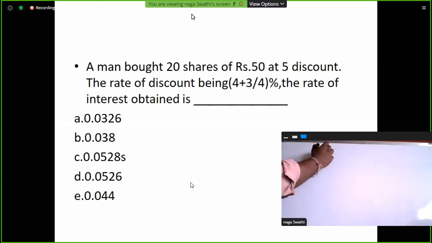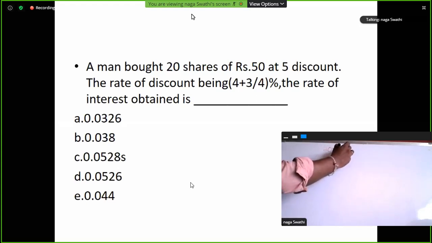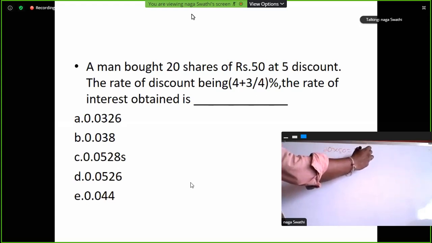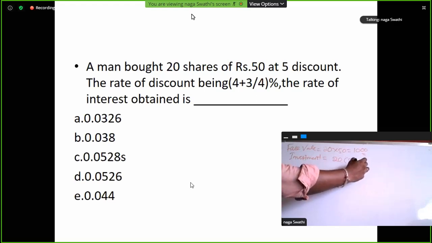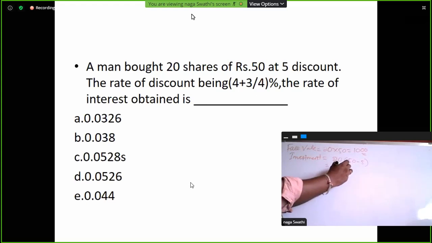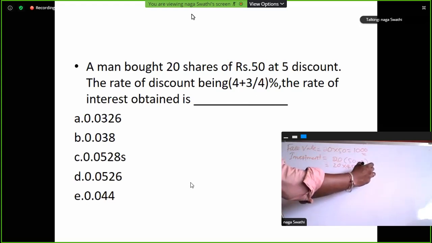So here 20 into 50, how much it is? 1000 rupees. It is called face value. So here the investment is 20 into 50 minus 5 rupees. 5 rupees discount. Clear? So 20 into 45, that is equal to 900 rupees. So here the discount being 4 plus 3 by 4%.